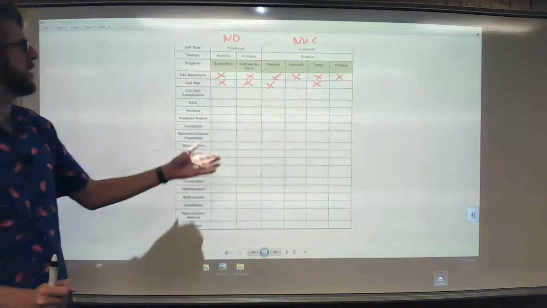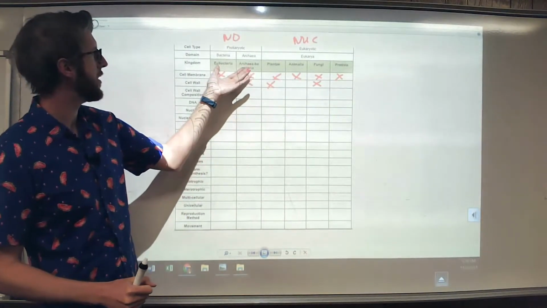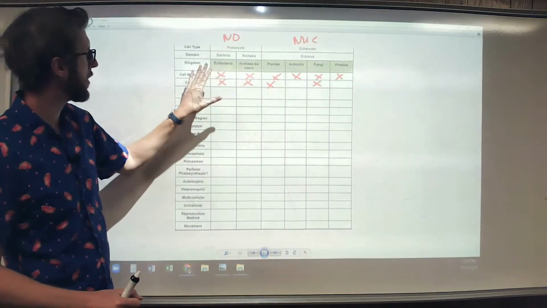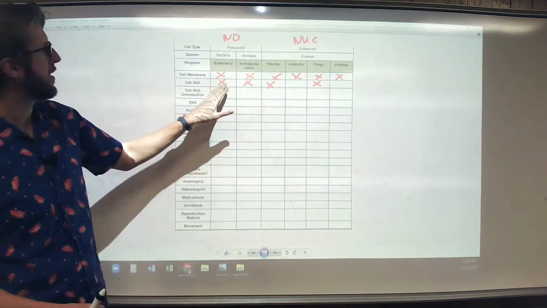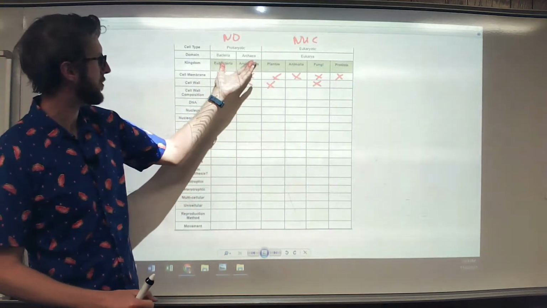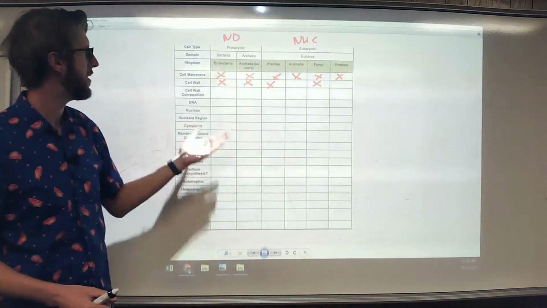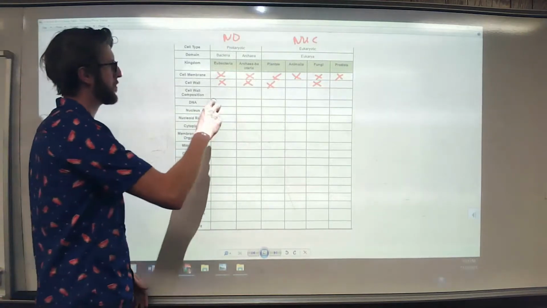Okay, so a big difference between the eubacteria and the archaea bacteria is this. They both have a cell wall and they're both prokaryotes, but what's different between these two is that their cell wall is made up of different stuff, and that's really the only difference.